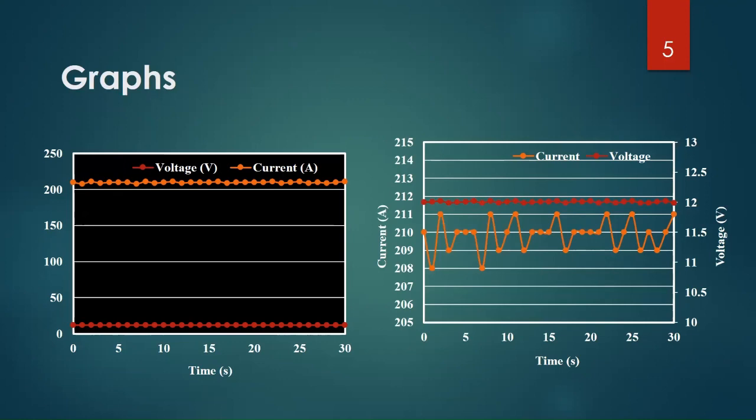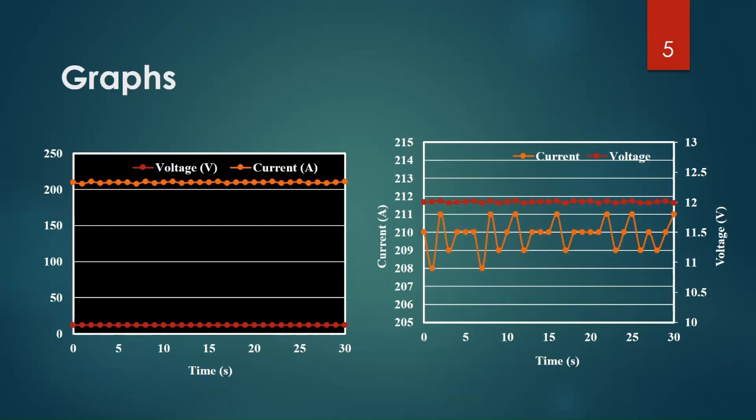For example, the voltage is around 10 and the current is around 200. No further information is given. So such a plot is not very informative. What can a reader learn out of it? Nothing.